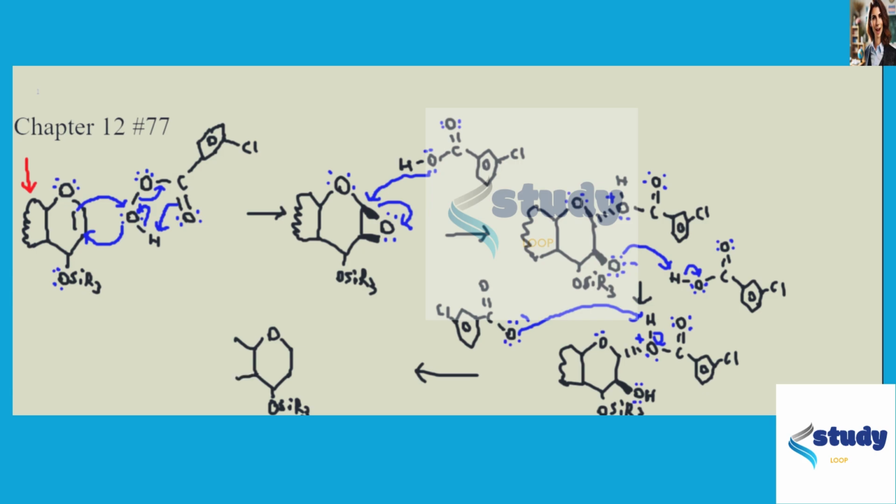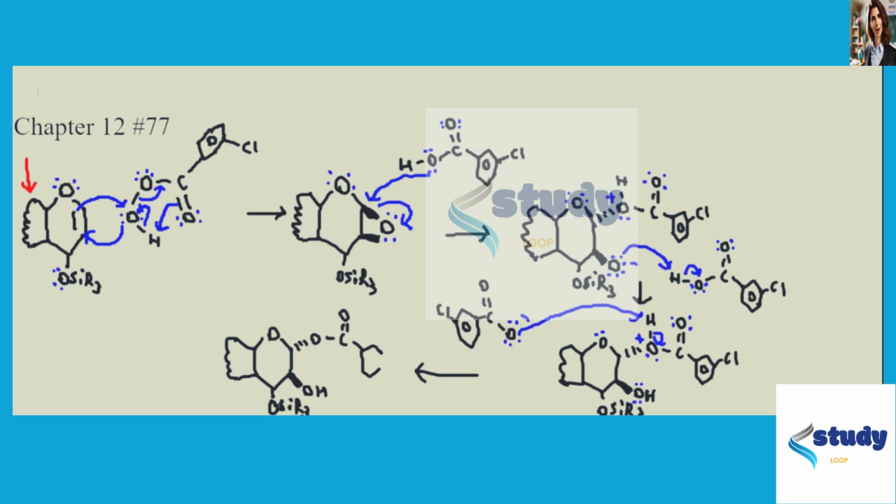Again, there are 2 more rings over here that I'm omitting. Our deprotonated oxygen is now back to 2 lone pairs and 2 bonds, so it's uncharged.